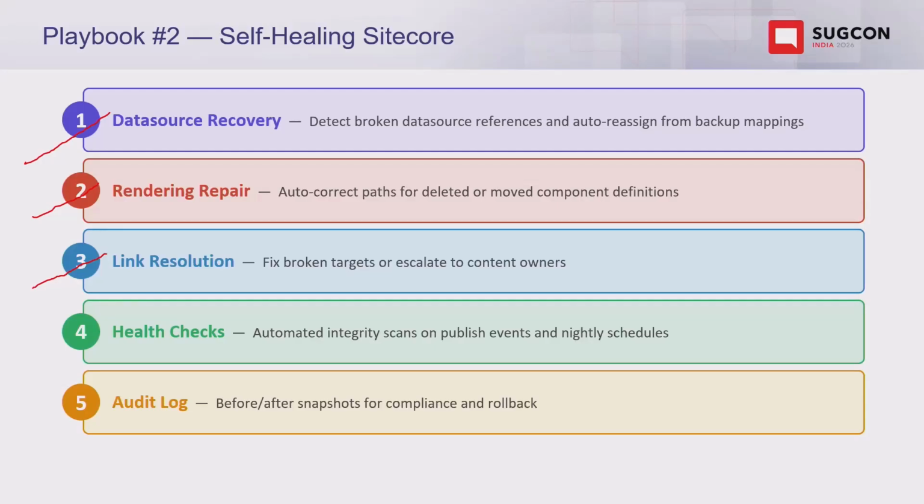The fourth is related to the health check. If you want to see the overall health of your Sitecore, for example, which items are stuck in the publishing queue, we can easily do that by using the PowerShell script. This is especially useful for projects where your client has a global presence and many content authors across the globe.